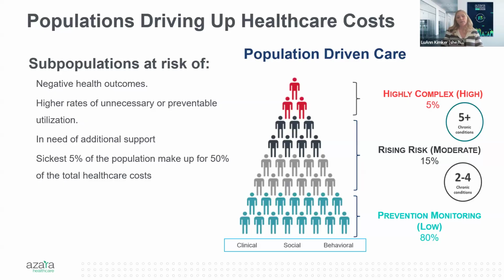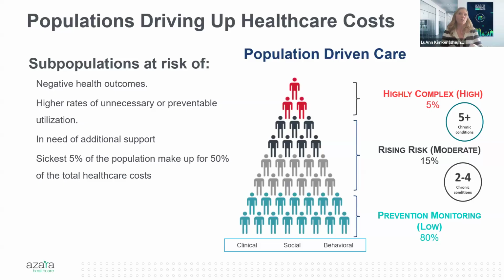The risk algorithm is designed around what's in the literature: about 5% of your population is driving the most cost. The highly complex are about 5%. The rising or moderate risk are about 15% of the population. And then everybody else is in that prevention and monitoring mode.